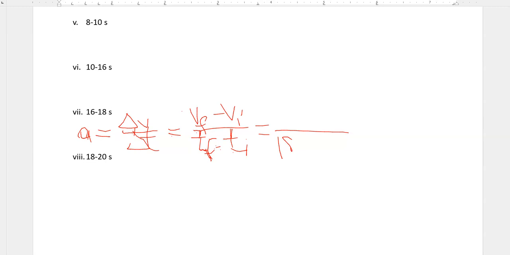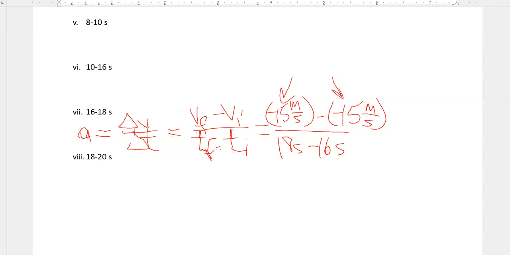We know it's 18 seconds minus 16 seconds, and they are both velocities of negative 15 meters per second. And while you can always take a calculator and do this, you know that if this number and this number are the same number and you subtract them, you're going to get 0. And 0 divided by anything, in this case 0 divided by 2 seconds, is still 0 meters per second squared.